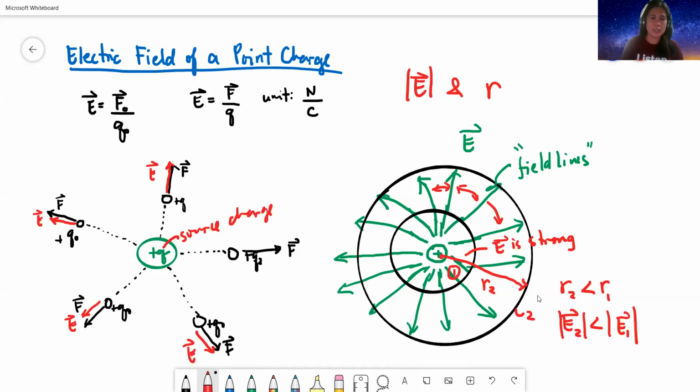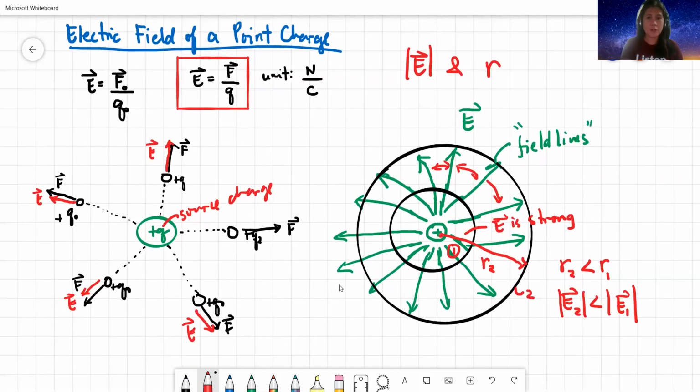Okay? Meaning, we will have another definition of electric field. Because this F over Q is not talking about field strength at a certain distance from the source. It's just telling us the force received per charge. So how do we determine the relationship between electric field and R?